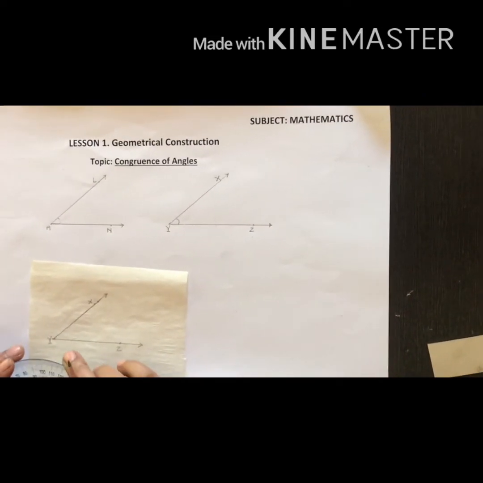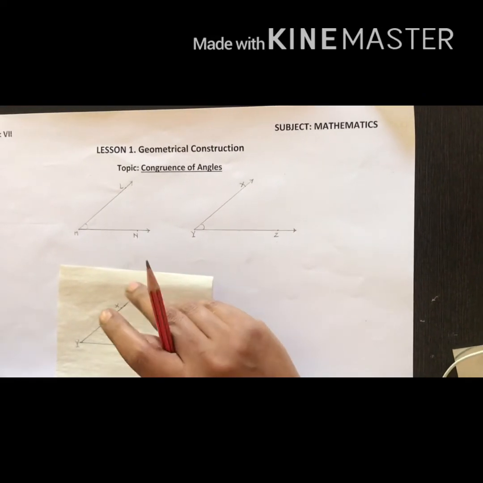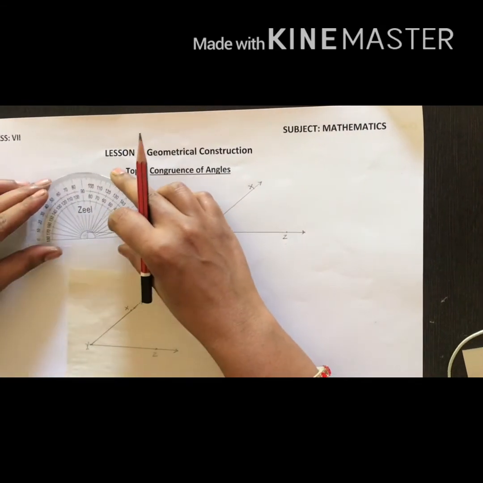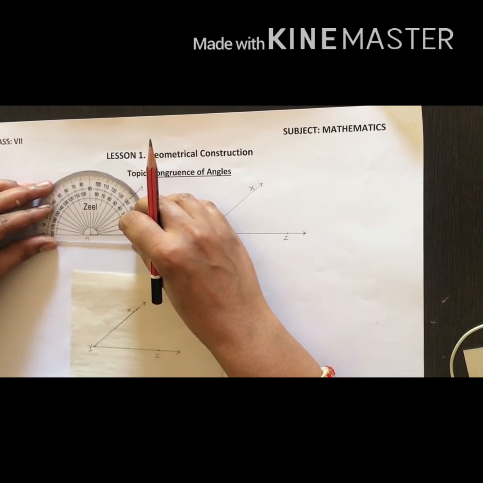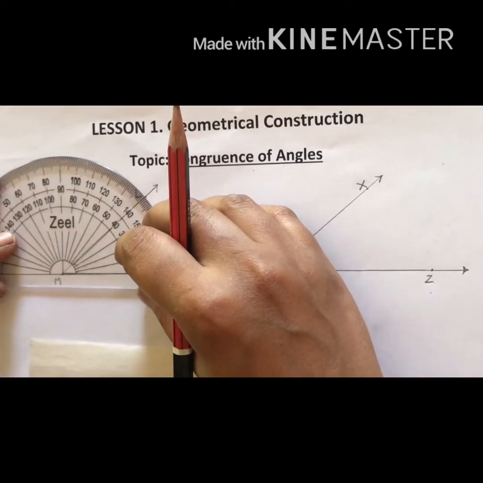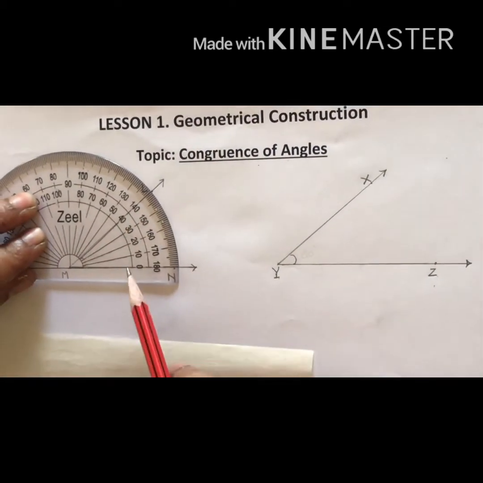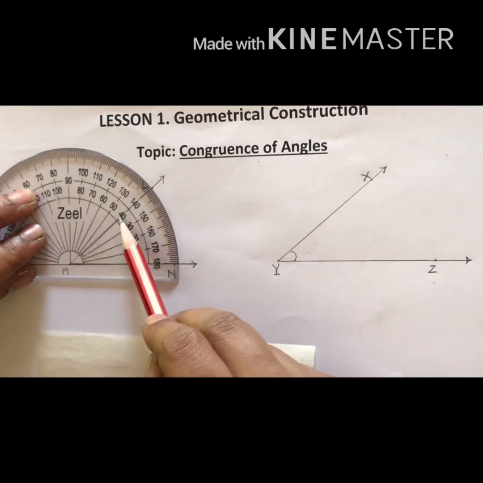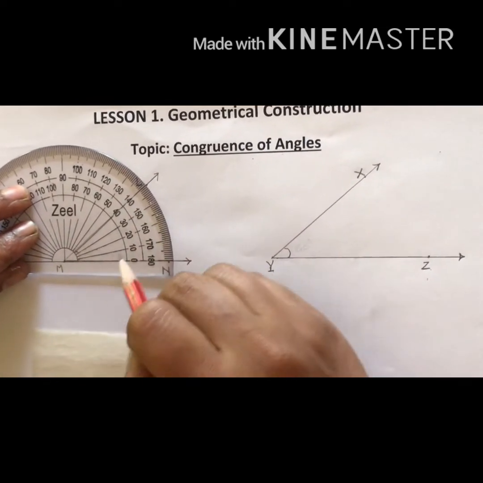Now we will check whether these two angles' measurement is the same or not with the help of a protractor. If we see angle LMN, the measurement is 40 degrees. It's an acute angle.